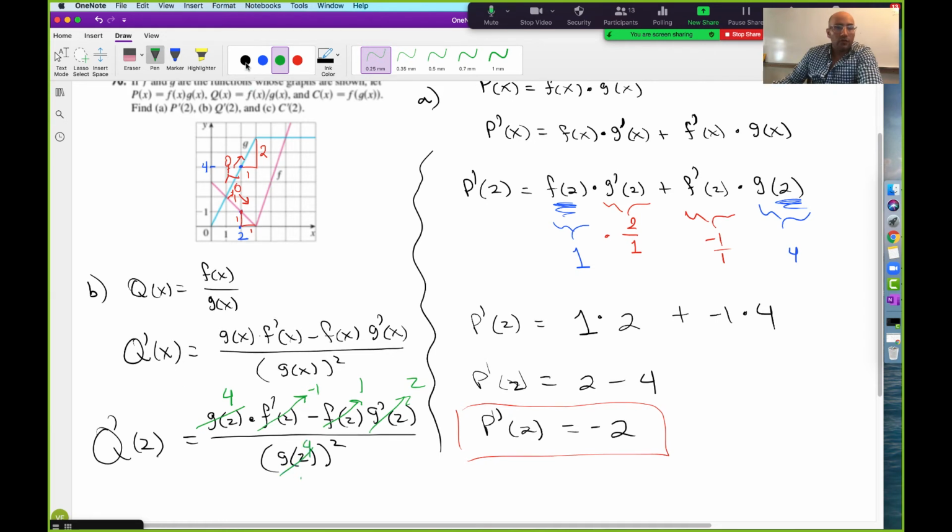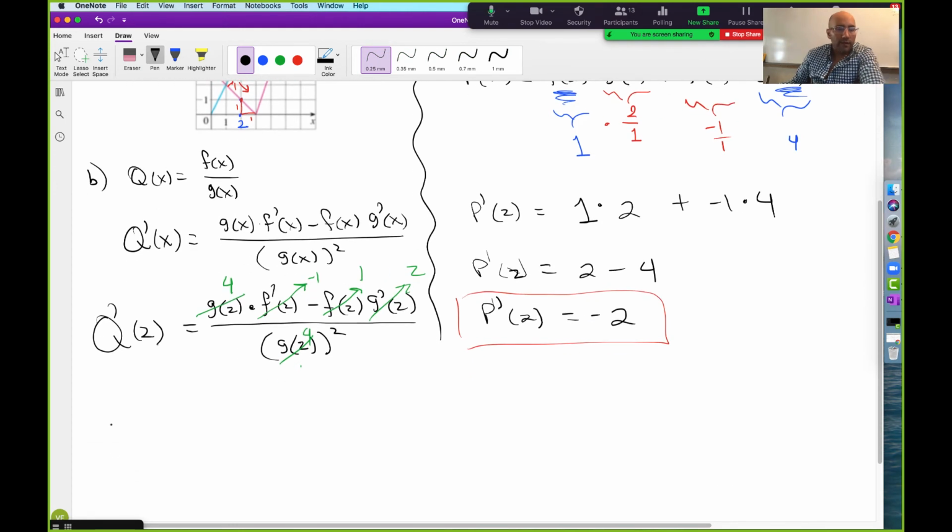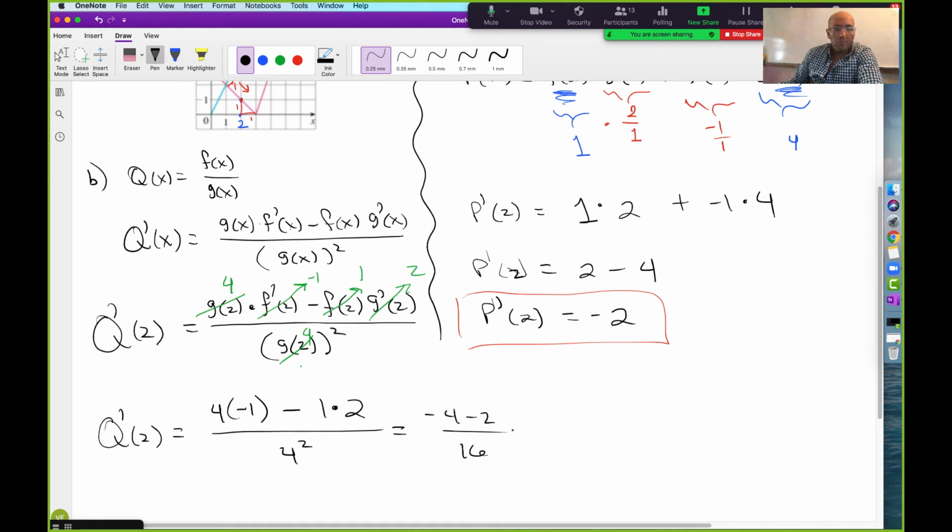Okay. So we can plug all that in and get that q prime of 2 is equal to 4 times -1 minus 1 times 2 divided by 4 squared, which gives me -4 minus 2 over 16, which will be -6 over 16, which reduces into -3/8.